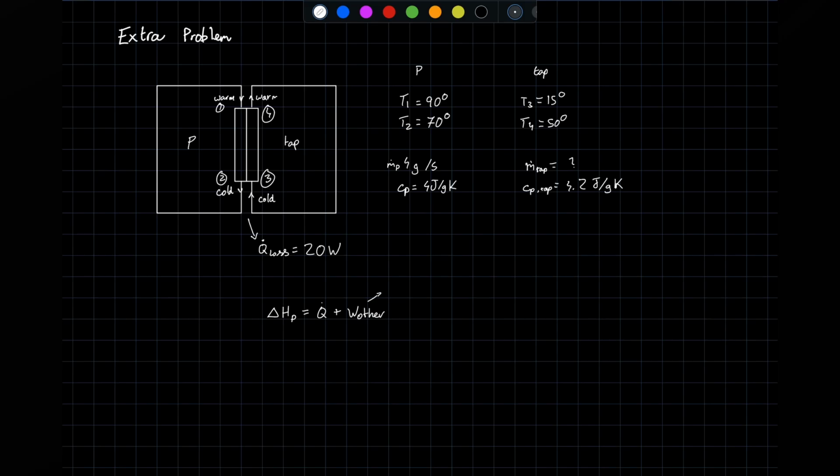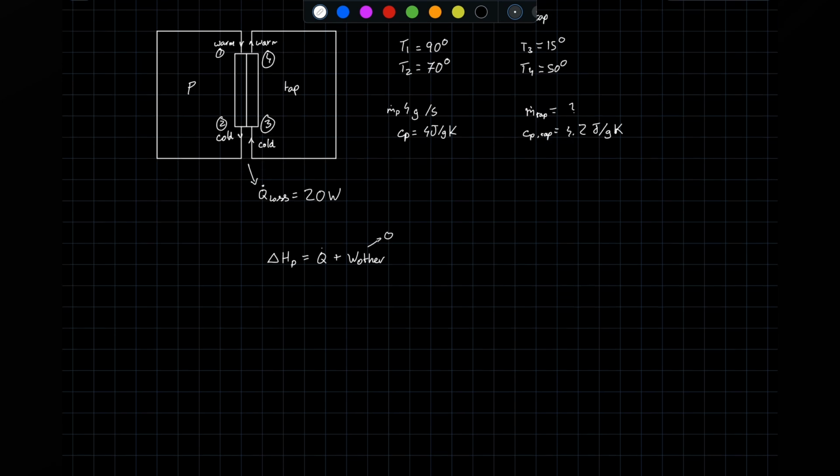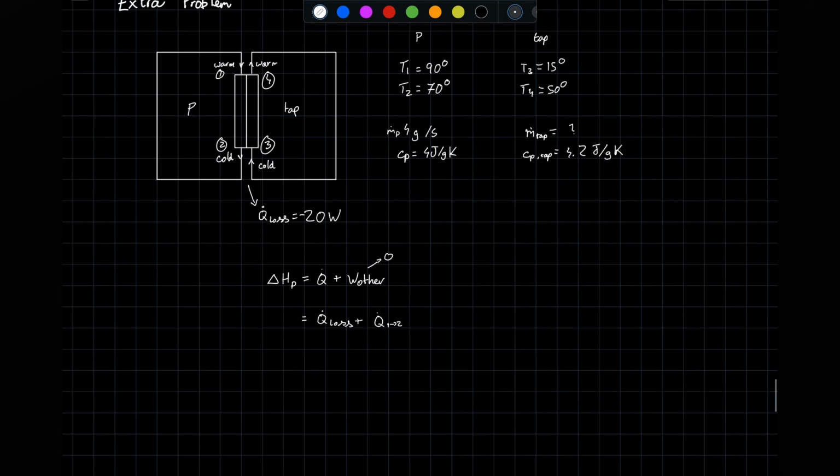But again, between the two heat exchangers, there is no work being done, there's only heat. So in this case, this will be our Q loss plus, let's make this minus 20 because we are losing it, plus the flow from 1 to 2. So, let's be consistent, from the primary loop to the tap loop.